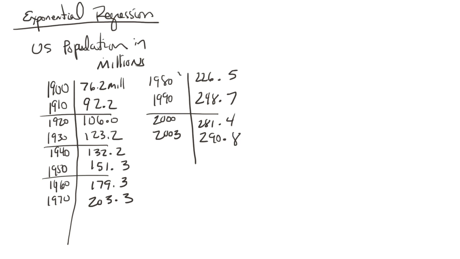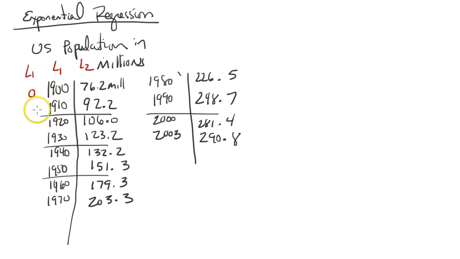Okay, so what we're going to do is regression. So this is going to be list 1, list 2. Now, we don't want to put these numbers in our calculator, because A would be the initial value, and if we start at 1900, that B value would come out in scientific notation, like to the negative 10. It's crazy. So this is going to be our L1, and we're going to make this 0.